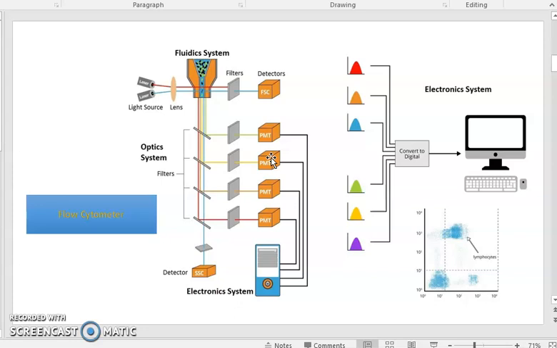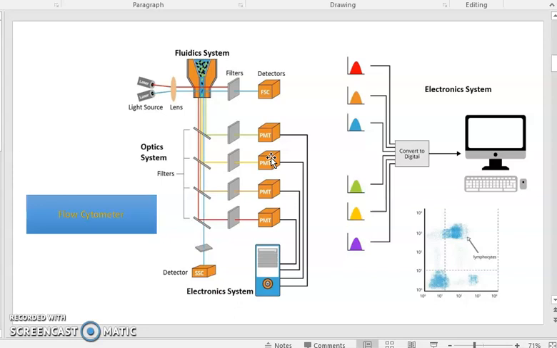The optical system of the cytometer consists of excitation optics and collection optics. The excitation optics consist of a laser and lenses that are used to shape and focus the laser beam onto the flow of the sample. Next one is the collection optics.